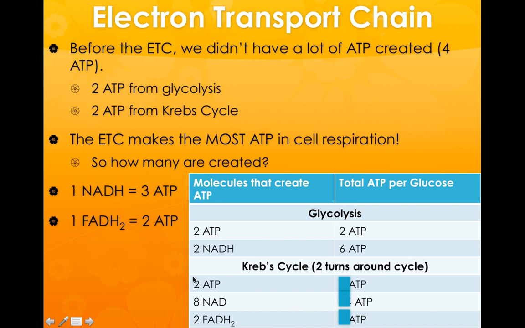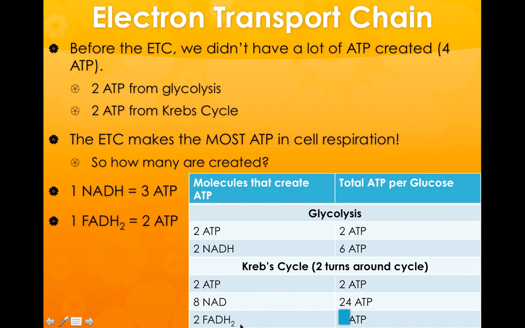Okay, this takes us to the Krebs cycle then. Of course, 2 ATP is directly going to make 2 ATP. But the 8 NADH, it's supposed to have an H there, I apologize, the 8 NADH is coming from the Krebs cycle. Multiply that by 3, gives us 24 ATP being produced from those NADH molecules that came from the Krebs cycle.